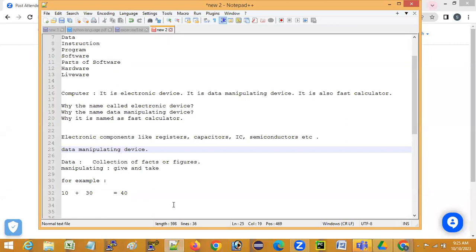Remember that the computer will not do anything automatically. It happens according to the input you have given.